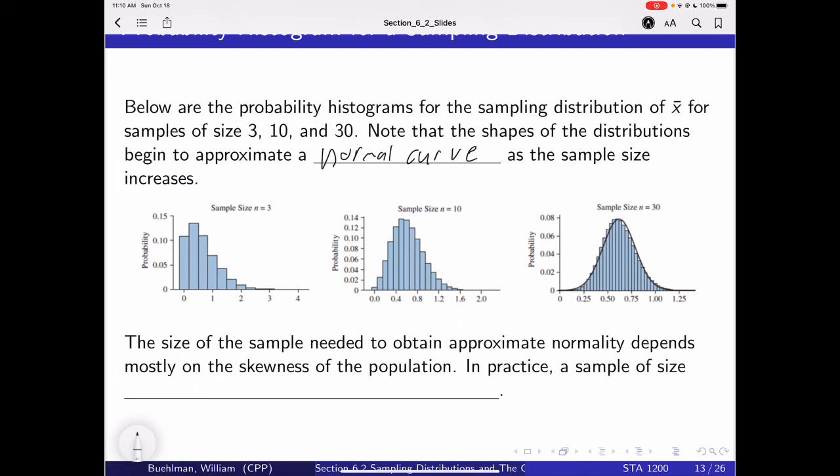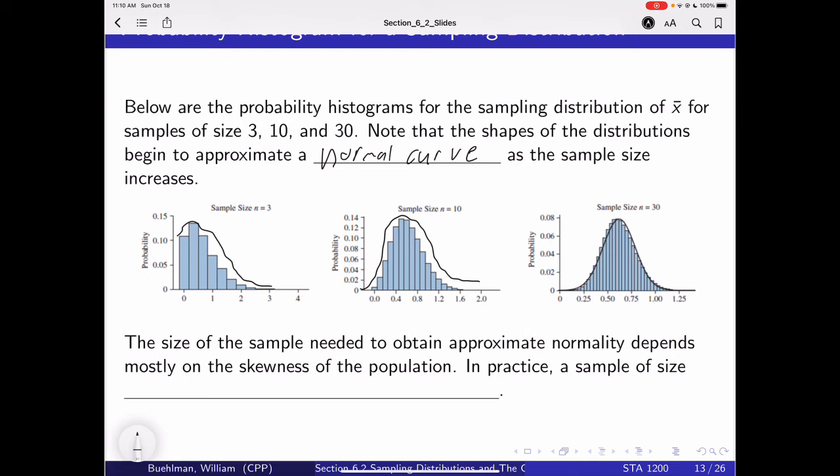You notice over here with the sample size of 3, it is not very normal curved. As the sample size gets to 10, it's starting to pull towards the middle. It's starting to look more normal curved, but there's still some skew. And as we get to 30, we have a much more normal curve. It's centered around the middle, and this is what we expect. So this is looking a lot better.